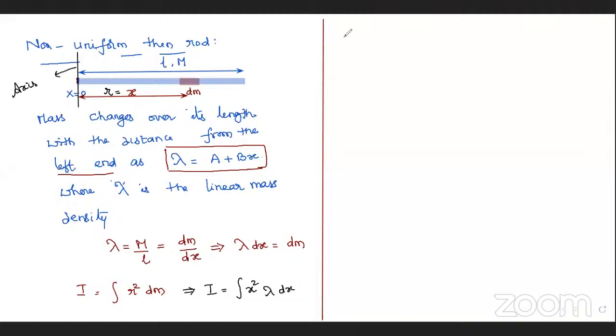Then that implies I is equal to integral x square. Now the lambda value, I'm going to write whatever he gave here, a plus bx, into dx. I just substituted the lambda value here from the given value, a plus bx.